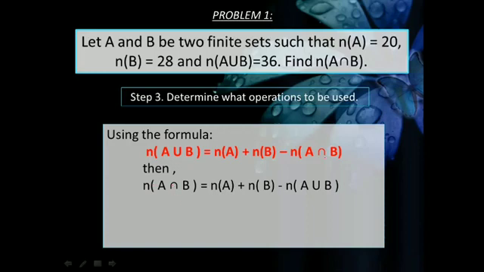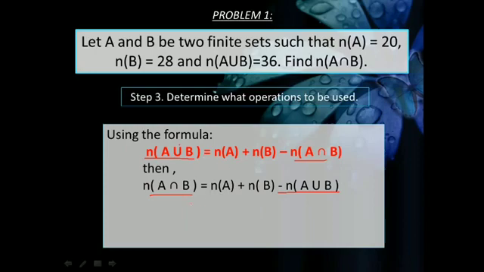We revise this formula; we get it from this main formula here. So our intersection, we move it to the left side, and it becomes this one. And the number of elements of A union B, we move it to the right side, and that is it.